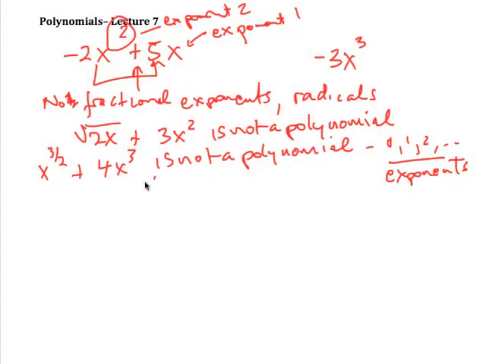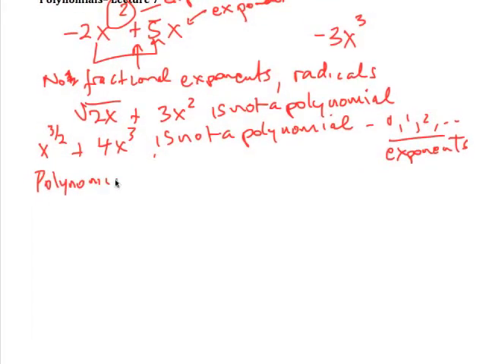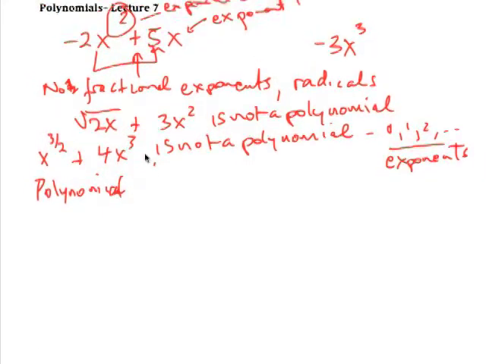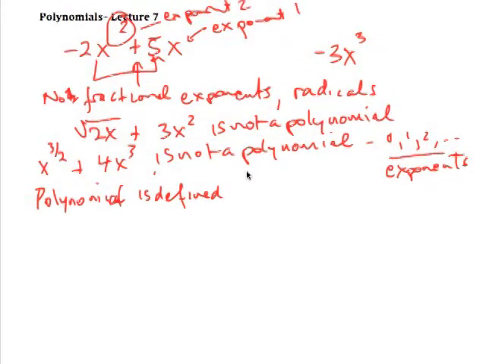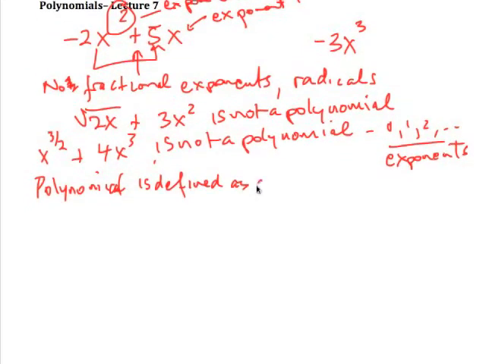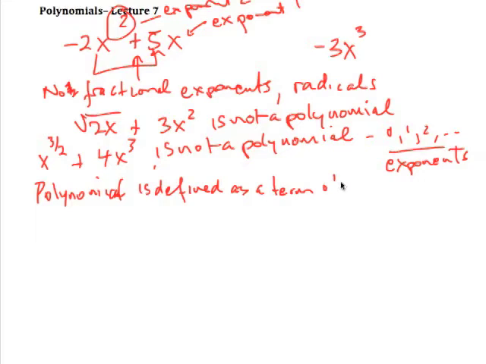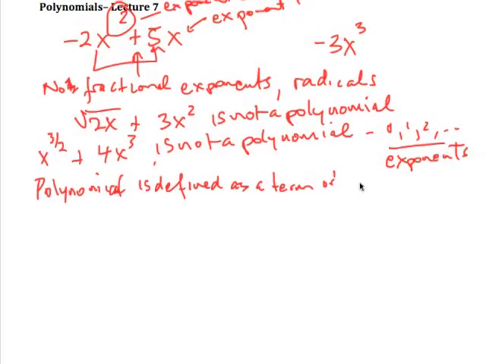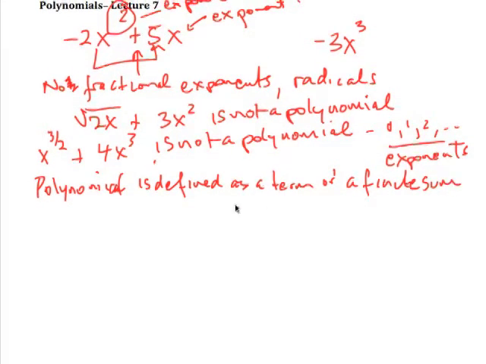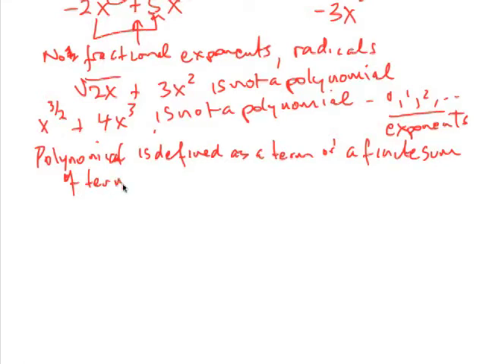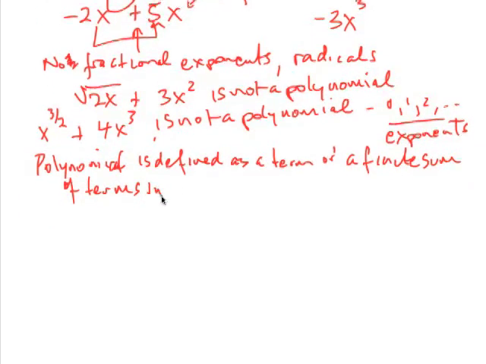All right, so in other words, a polynomial is defined as a term or a finite sum of terms in a variable.